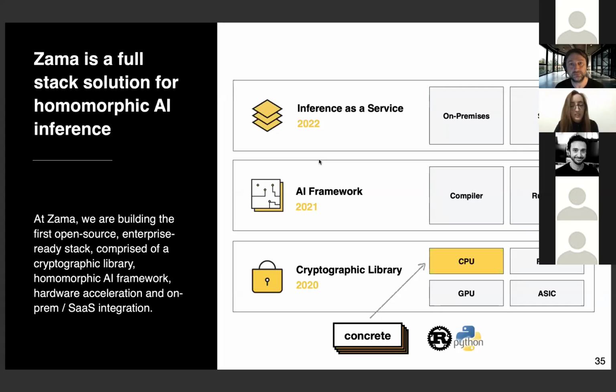I was wondering, this inference as a service, who do you think is going to pay for it? Do you have a real use case, some customers? Who is going to pay, and for what?